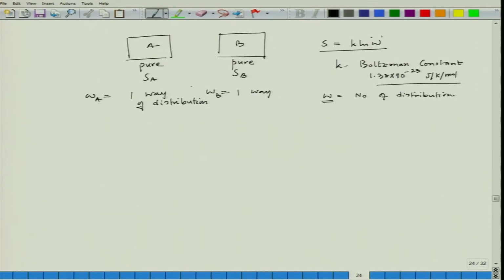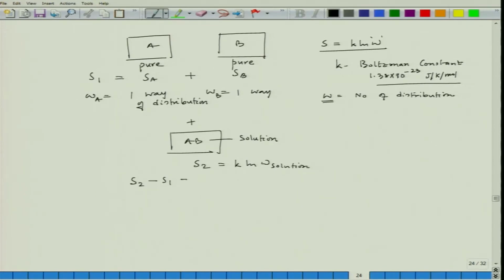Now, if I try to mix them together and get an AB solution, it would attain an entropy which is greater. So, in the beginning the entropy was S1 equal to SA plus SB, and if I consider S2 minus S1, it can also be written in the form of ln omega solution.